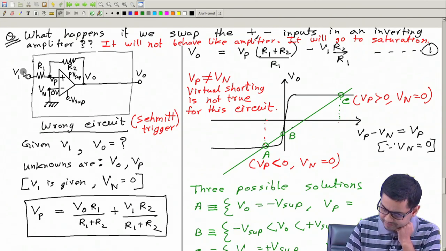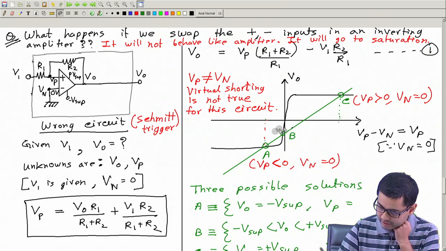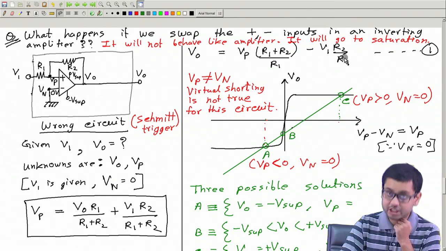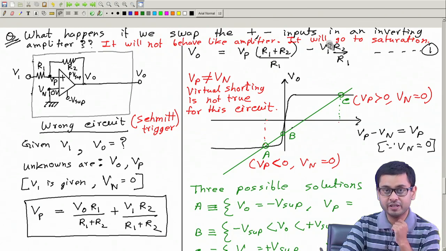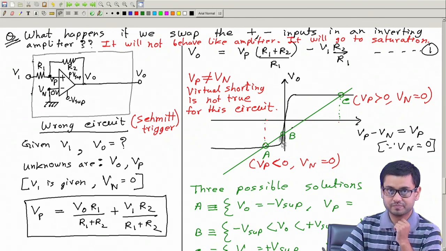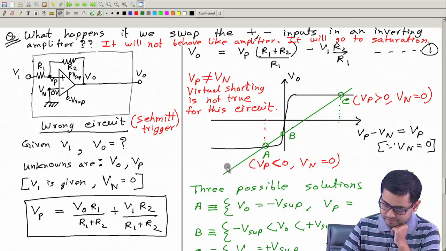If I change V1, the green curve given by this equation is going to change because it depends on V1, but the black curve is not going to change.